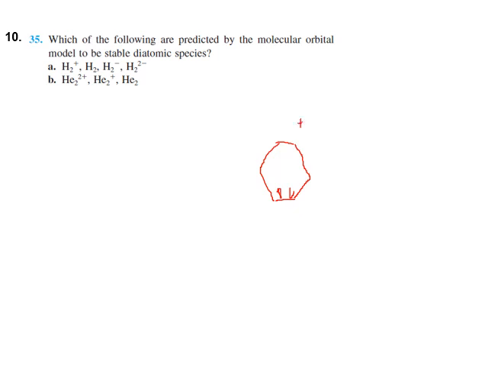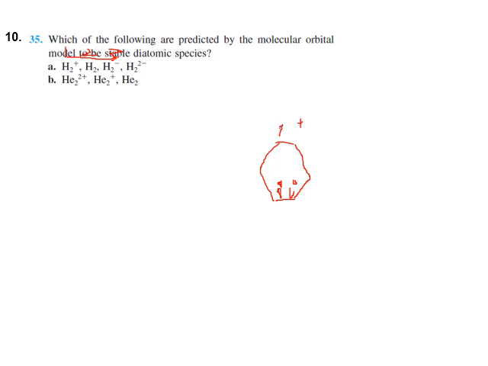Whenever we have H2 plus, H2, or H2 minus, we would have 1, 2, or 3 electrons. Even if we put 1, 2, or 3 electrons, we're still going to have a stable species.